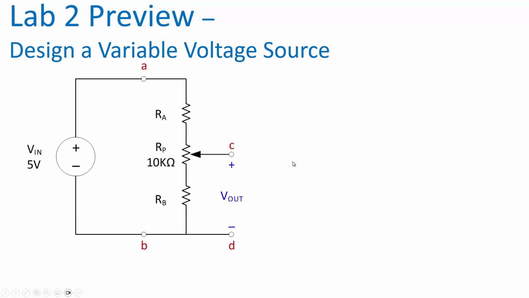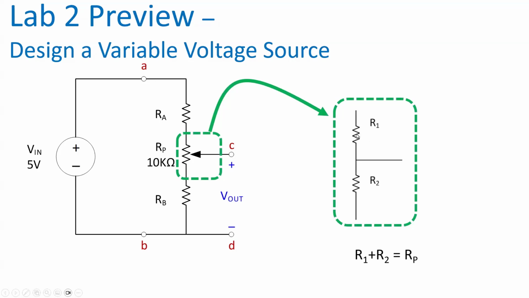Here's that circuit again. Don't forget to represent that potentiometer like this. Represent it with two separate resistors. Okay, so you actually have 4 resistors in this voltage divider circuit. You have RA, RB, and then between those R1 and R2.